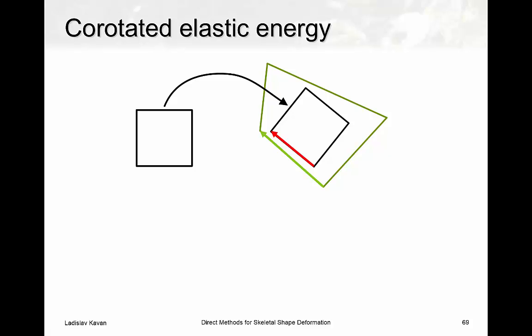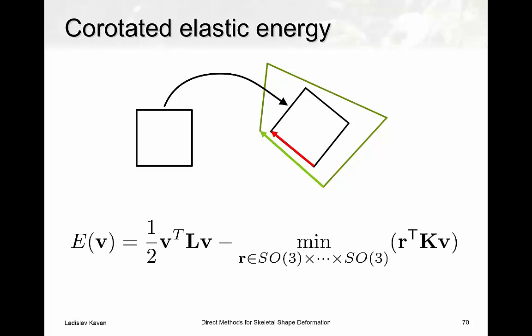In that case there is no energy, and the more deformed it is, the more energy we will have there. And this is the formula you will get after some algebraic massage. You might notice that this is very similar to the energy we got with the fast mass springs, right? So the same ideas are appearing over and over again with different flavors. I don't know, maybe it's because I don't have any other ideas.